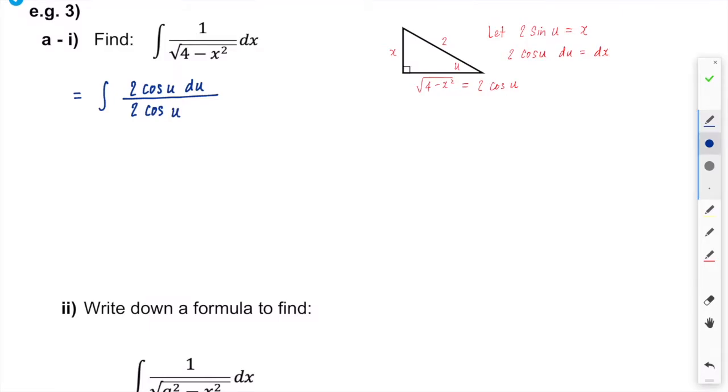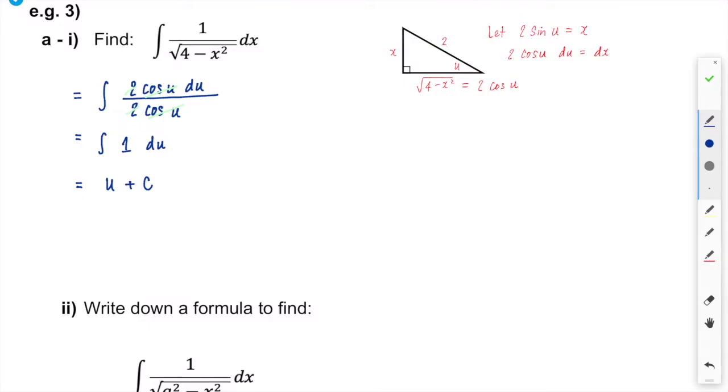All right, all of that can be simplified nicely. And I'm just taking the integral of 1 du. This gives u plus c. What is u in this case?